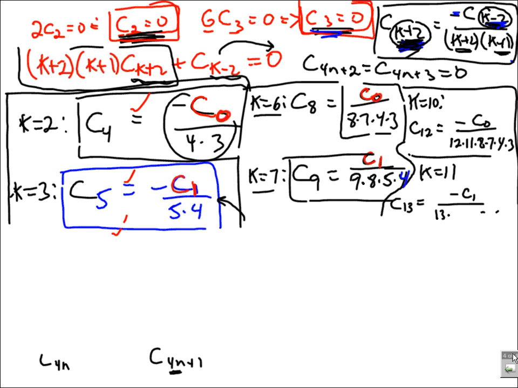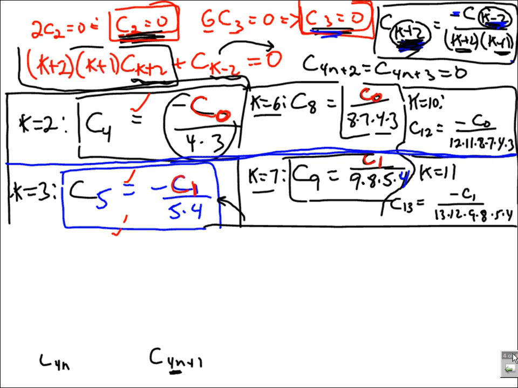This is 13 times 12 times 9 times 8 times 5 times 4. Somehow it got erased. Now, let's look. There's a division line here.